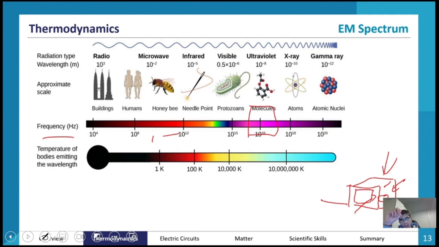And when that happens, it increases the probability of cancer forming. X-rays and gamma rays do the same thing. In fact, they are very dangerous.